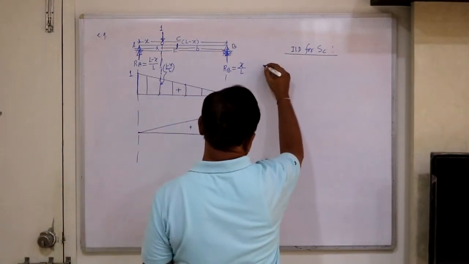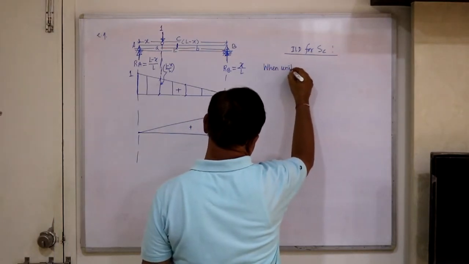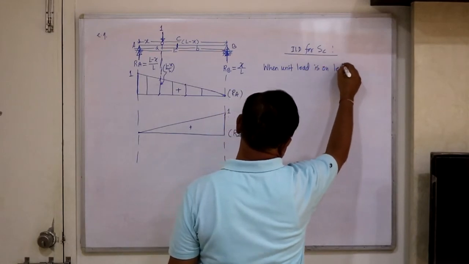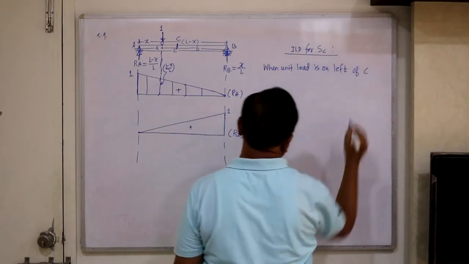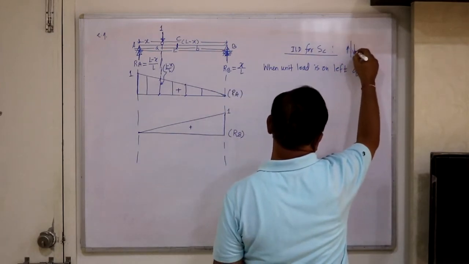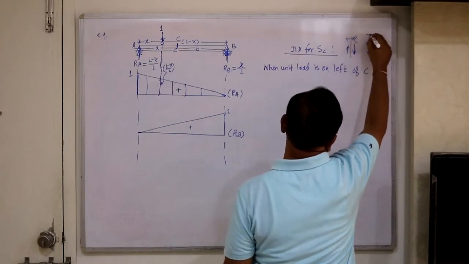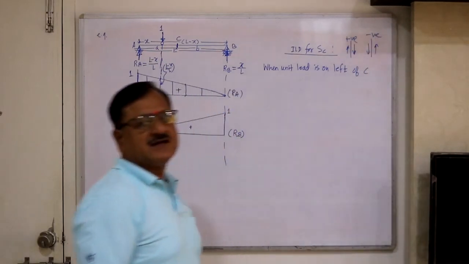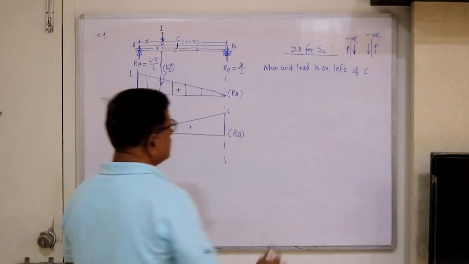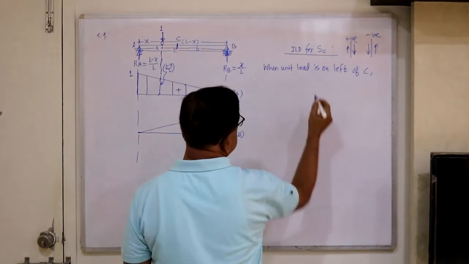Say when the unit load is on the left of C. What sign convention are we going to use? This is positive and this is negative. This is our usual sign convention: on the left of the section, upward positive, downward negative. So when the unit load is on the left of C, that is on AC.